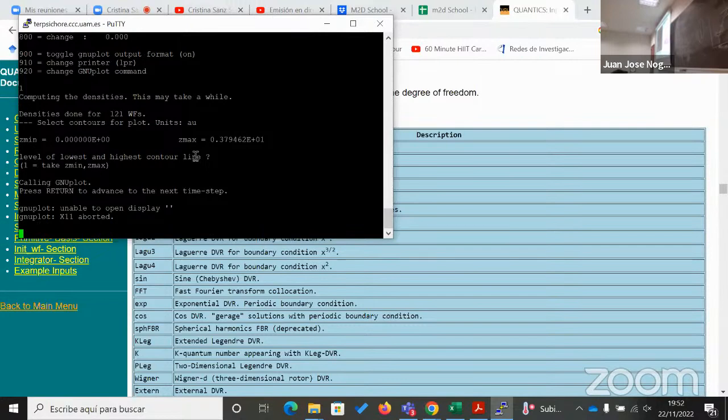It doesn't show on the screen, but it created a file that is called flux. Oh, I might not have created mine because I have to run it with minus W, 0.4, 2.0, eV. It takes a little while, but not too much. And then we have this file that is called flux.